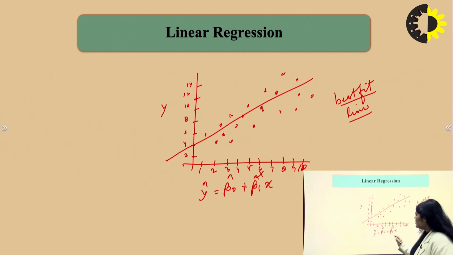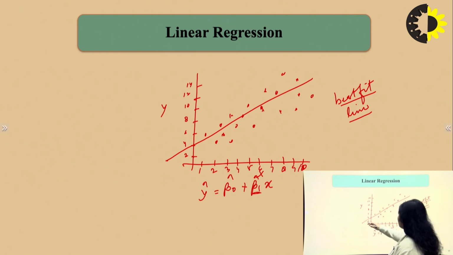And here you can see how this beta 1, the slope, is going to change. I cannot simply put one single line, rather I can change the slope of this line also.